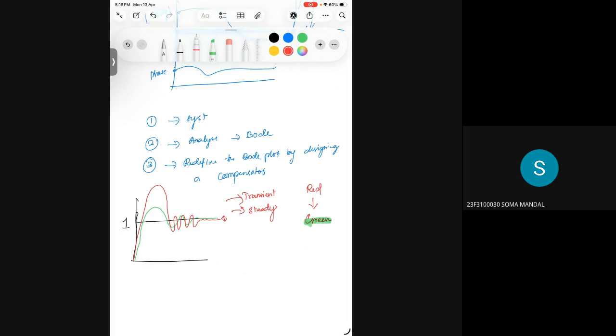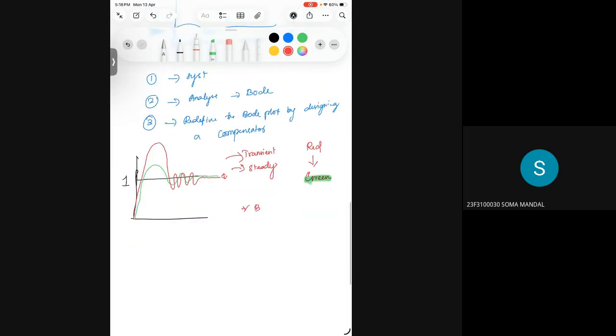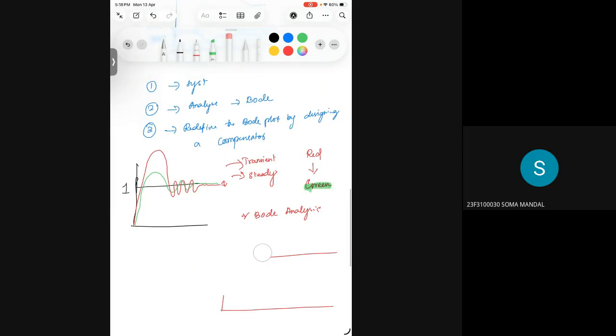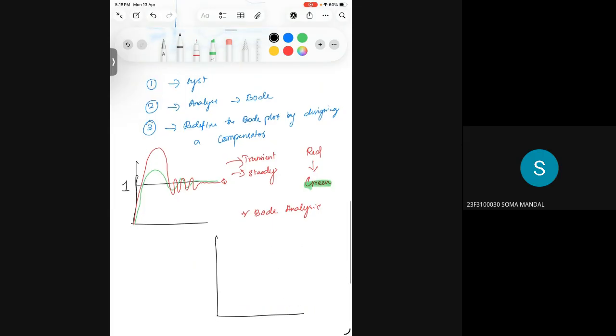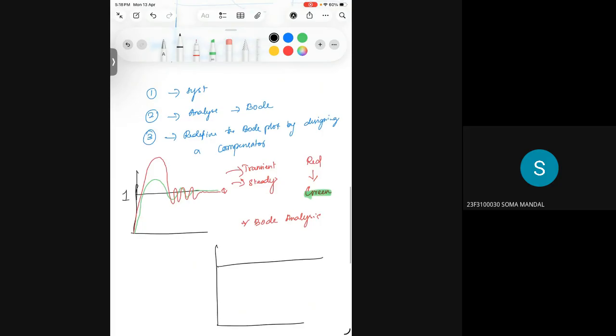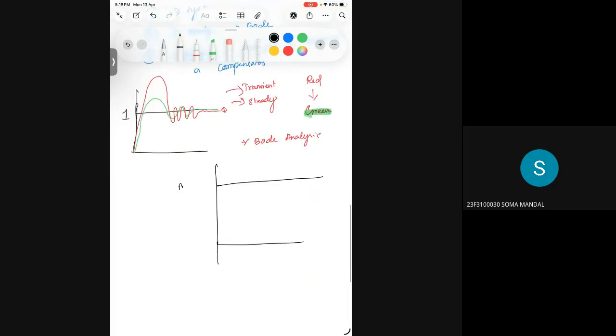For that, first I need to know why the red graph is like this, right? That's why we are using this Bode analysis. This Bode plot will tell you, if you plot a Bode for this red plot, this is magnitude, this is phase.